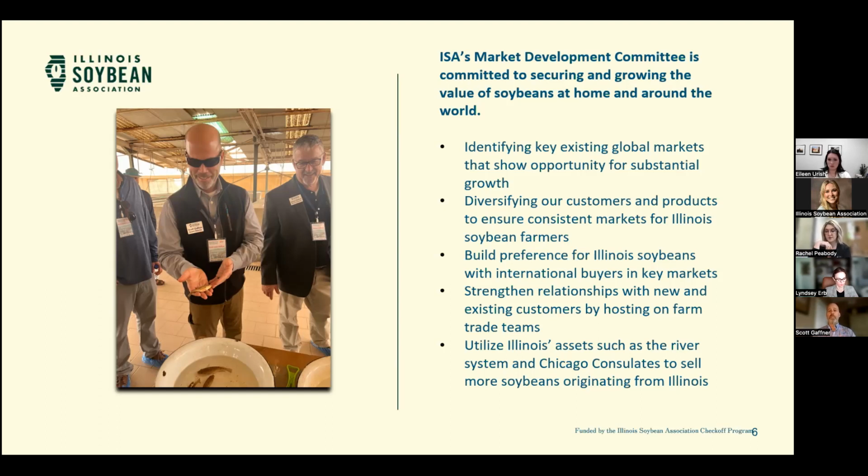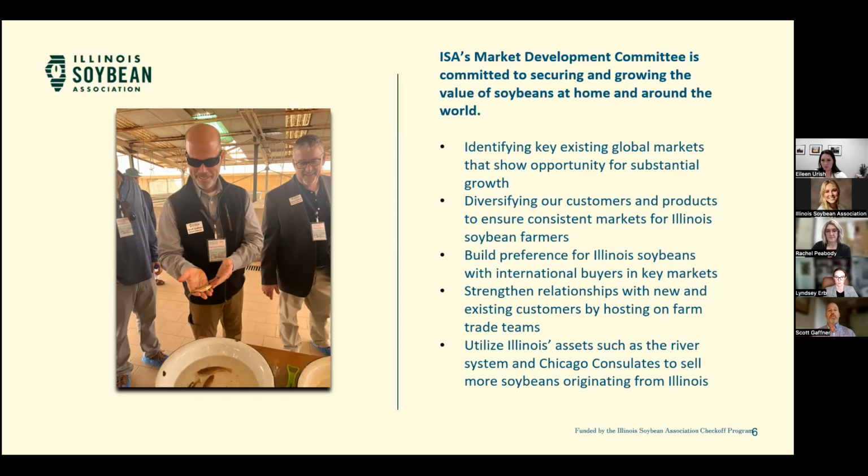And one of the things that really sets us apart, and Eileen touched on it briefly too, is we have a strength that many states don't have. We have the railways, the waterways, and the roadways to deliver our soybeans. And that allows us to deliver these soybeans in a consistent and reliable way.